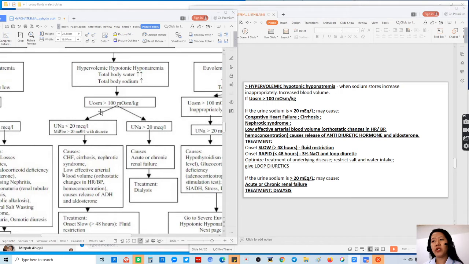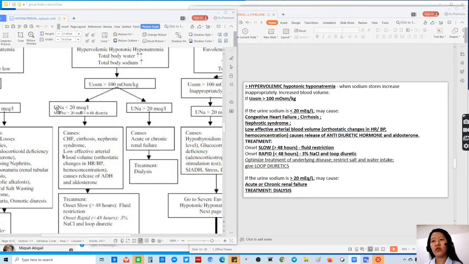And if the urine sodium is greater than 100 milliosmoles per kilogram, so there are two types. It will depend on the urine sodium level of less than 20 milliequivalents per liter.